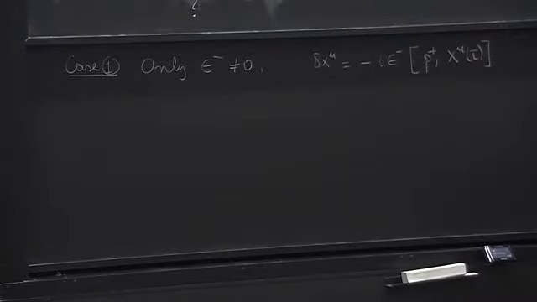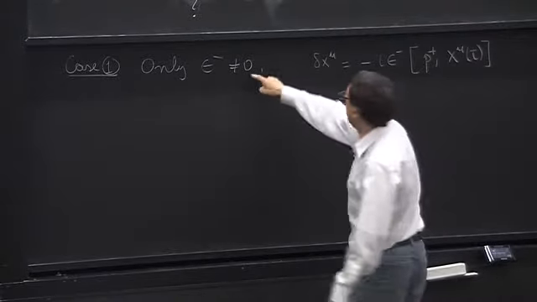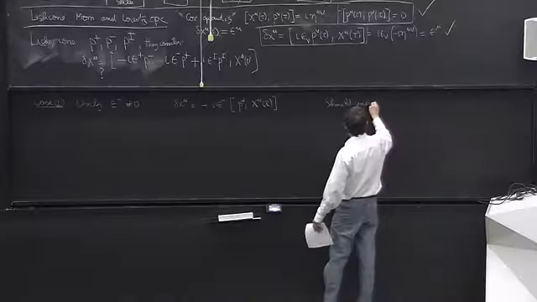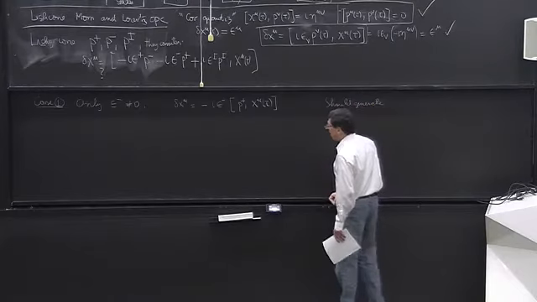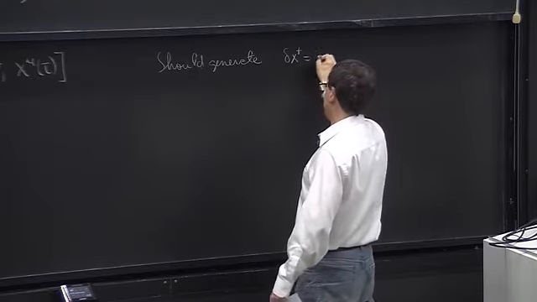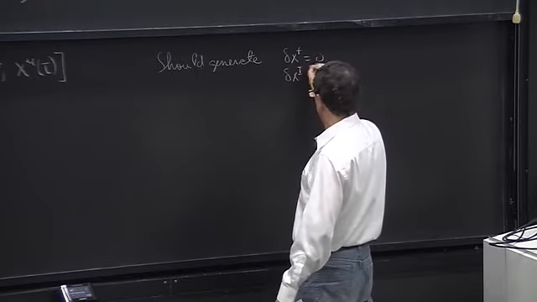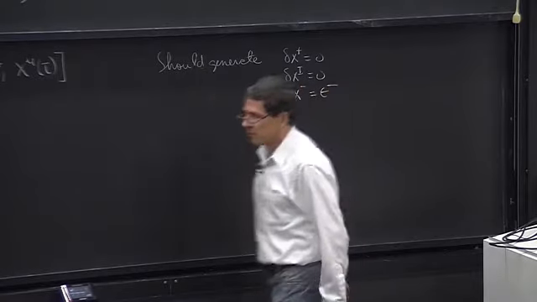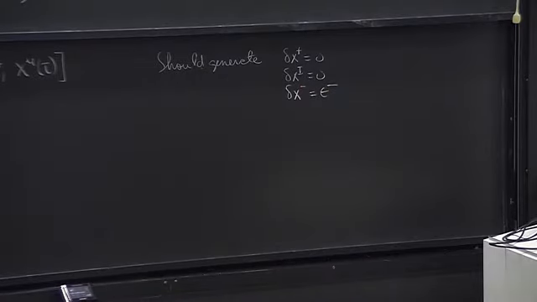Now, an epsilon minus different from 0 should generate, you expect, a translation. It should generate delta x plus equals 0, delta xi equals 0, and delta x minus equals epsilon minus, because it's a translation in the minus direction. That's what it should do. So let's see if it does.